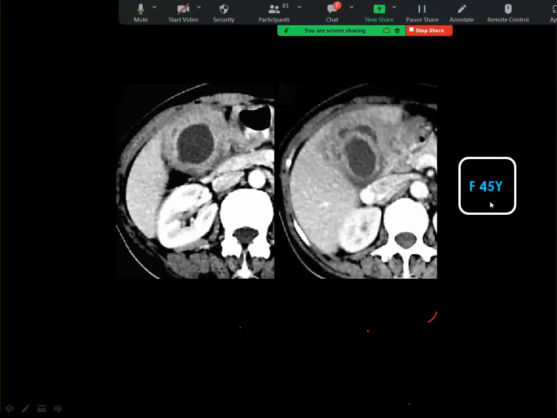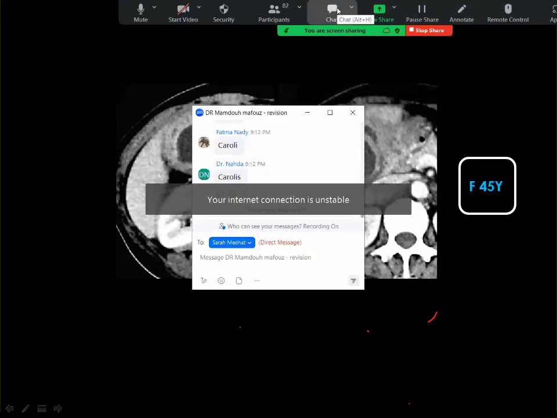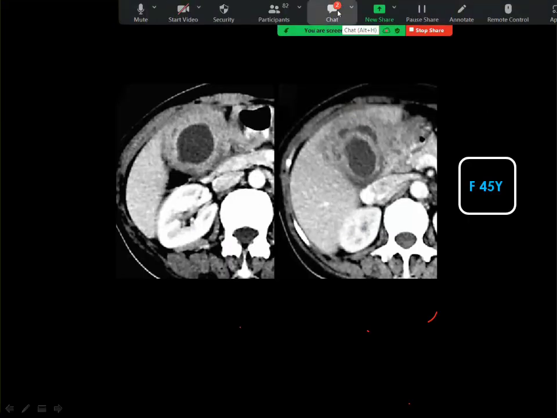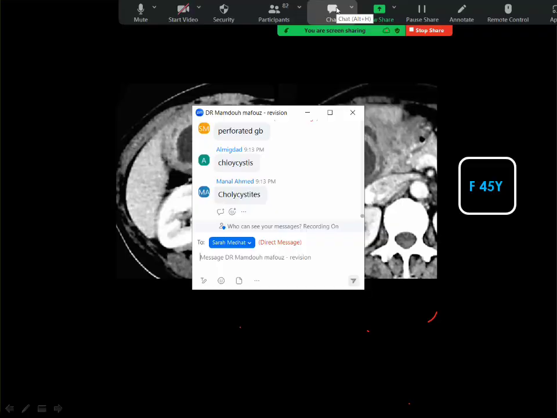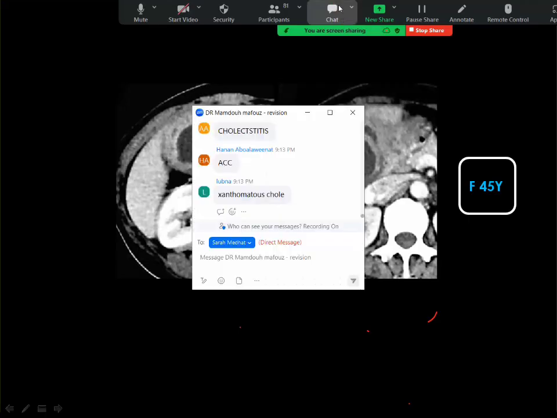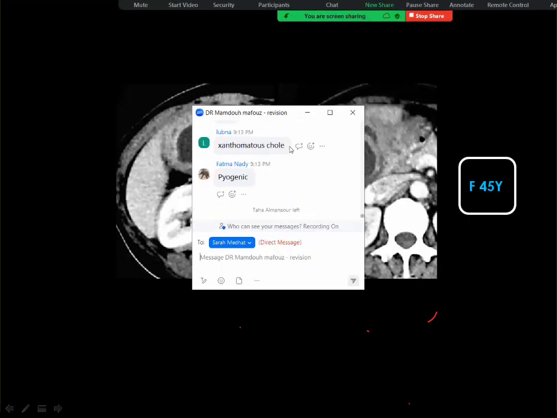Next case is a female, 45 years old, and she has a problem in the gallbladder. Yes, this last answer is good.